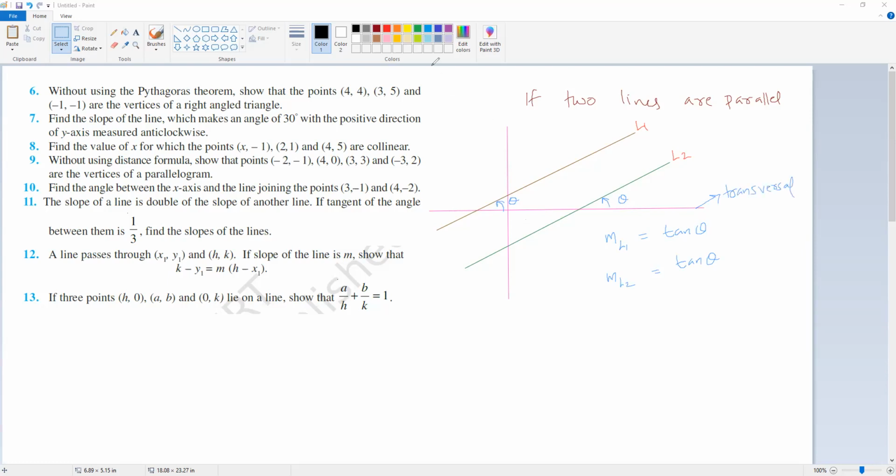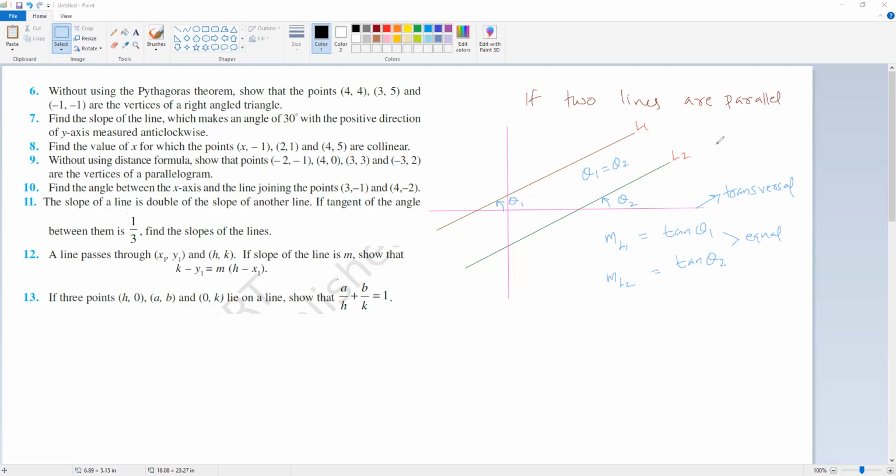So if two lines are parallel and a transversal is there, then the corresponding angles are, on the right side of the transversal below, right side below, these are corresponding angles. Corresponding angles are equal. So if you call this theta 1 and this theta 2, we know that theta 1 and theta 2 are equal. So tan theta 1 and tan theta 2 are equal because theta 1 and theta 2 are equal.